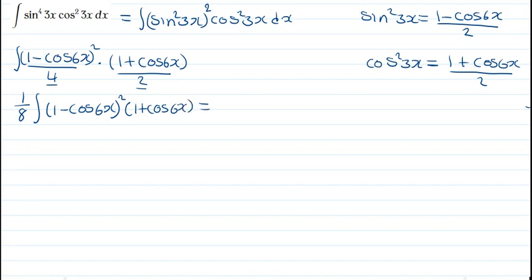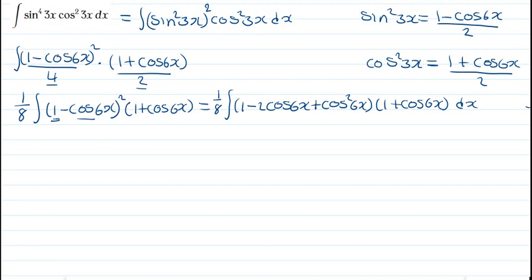When you expand the inside, you're going to have 1 over 8, the integral of 1 multiplied by 1, we get 1. 1 multiplied by negative cos 6x and negative cos 6x multiplied by 1, we're going to get negative 2 cos 6x. Negative cos 6x squared, we get positive cos squared 6x. We multiply this by 1 plus cos 6x dx.